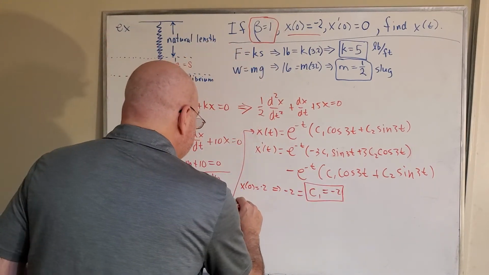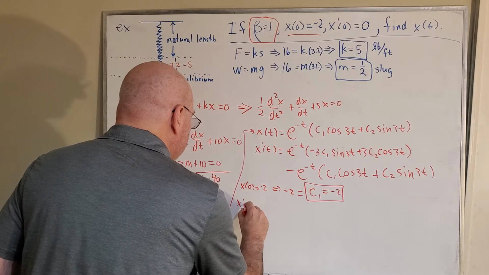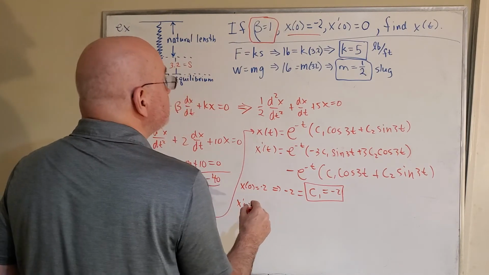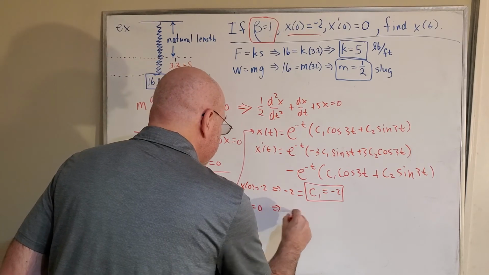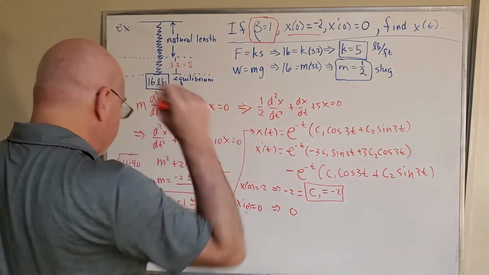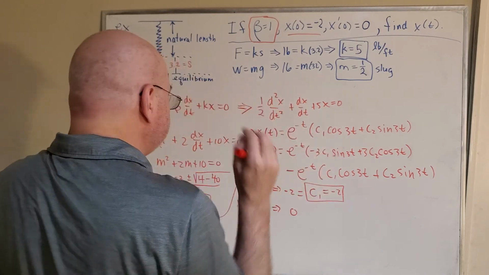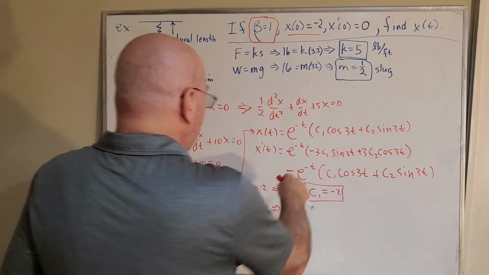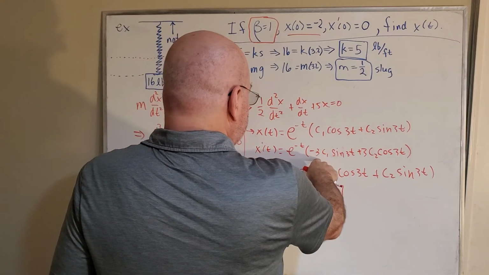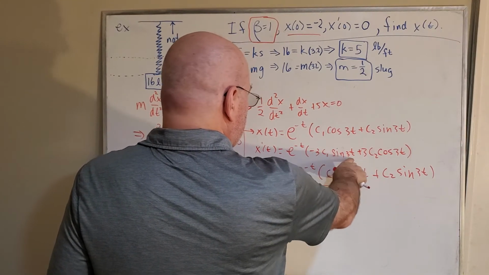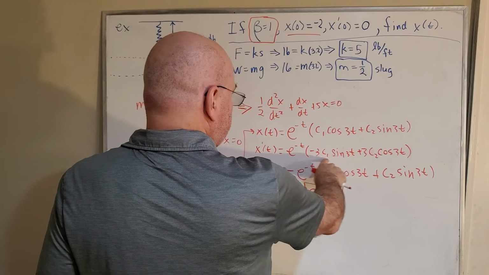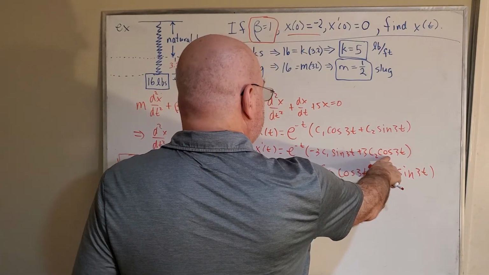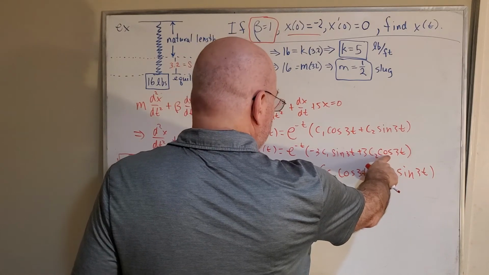And then x prime of 0 is a 0. So plugging into this equation, we get 0 equals, negative, that's going to be a 0 because sine of 0 is 0. This is going to be cosine of 0, which is a 1.